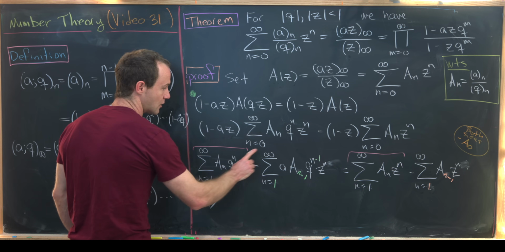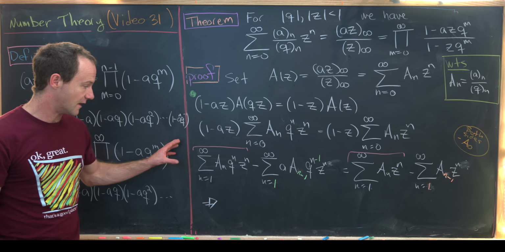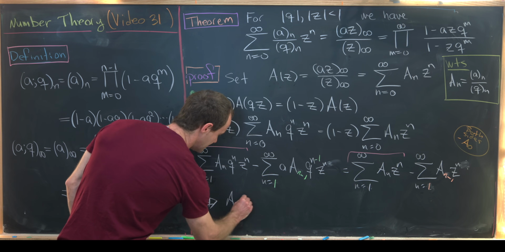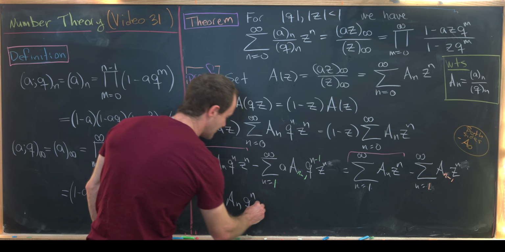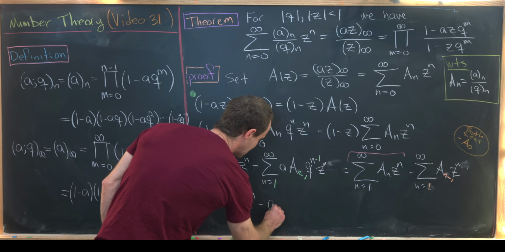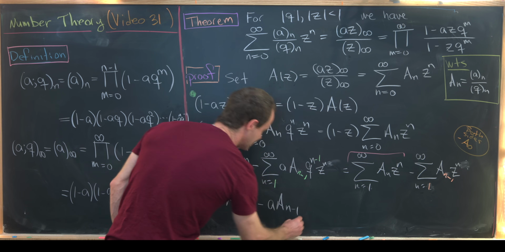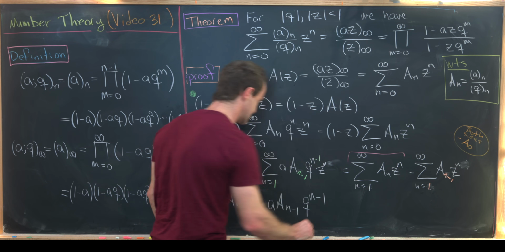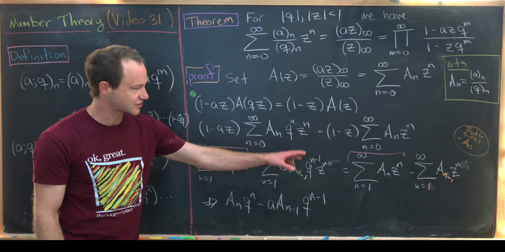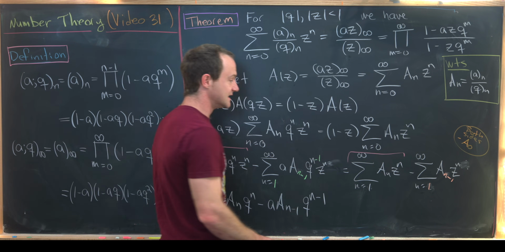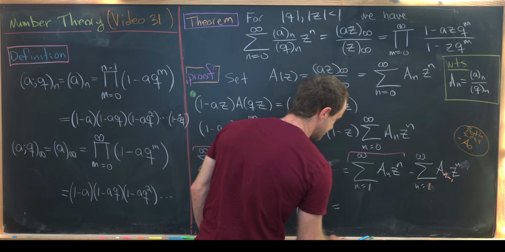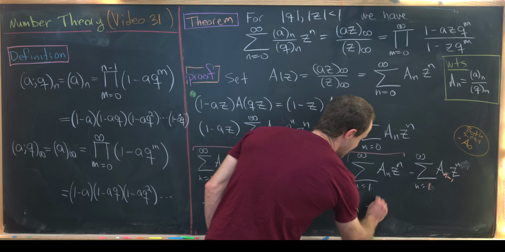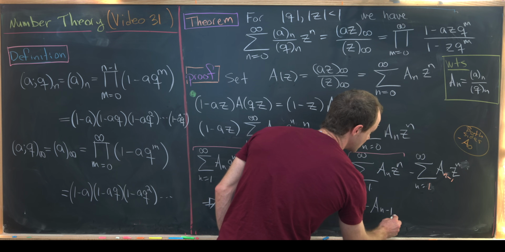So extracting the coefficient of z to the n on the left-hand side of the equation will give us a_n q to the n minus little a times a_{n-1} q to the n minus 1. Then extracting the coefficient of z to the n on the right-hand side of the equation will give us a_n minus a_{n-1}.